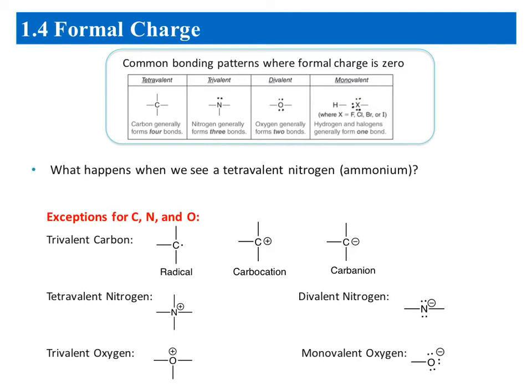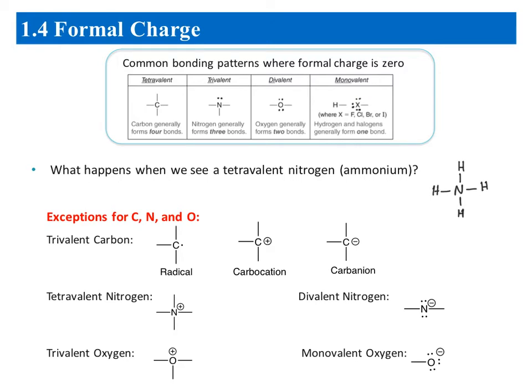Now let's see what will happen if we have tetravalent nitrogen. So an example for that could be ammonium, nitrogen connected to 4 hydrogens.